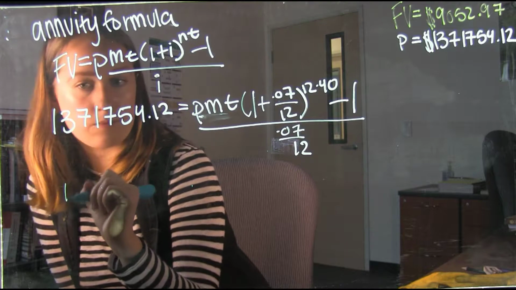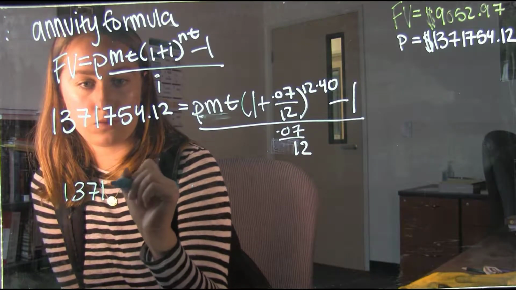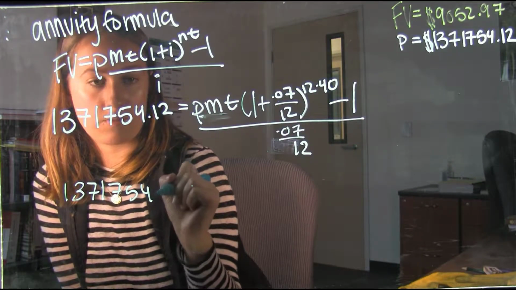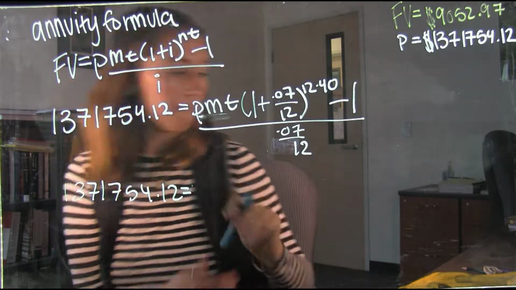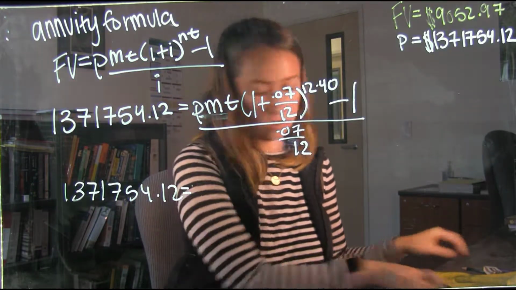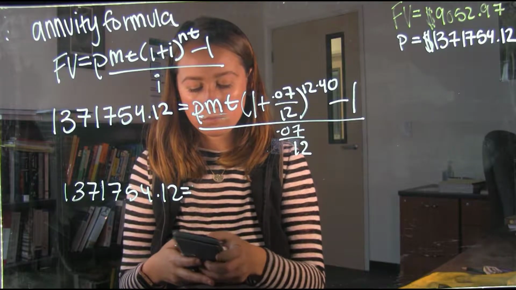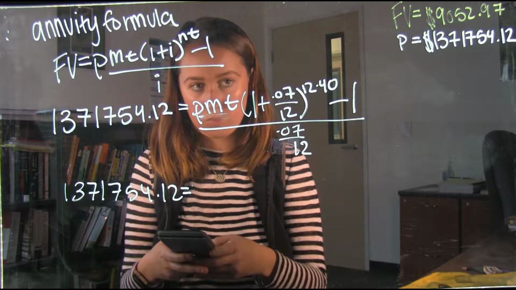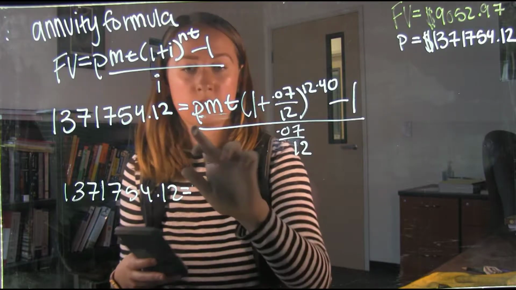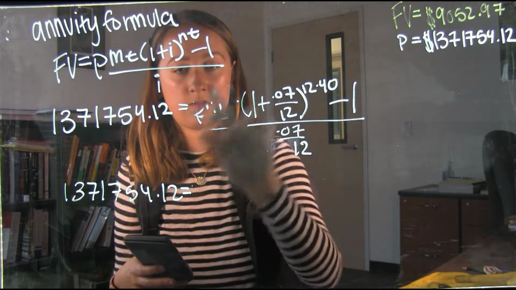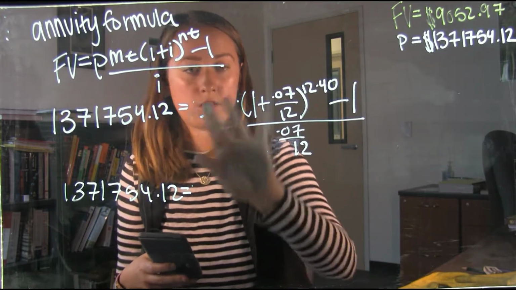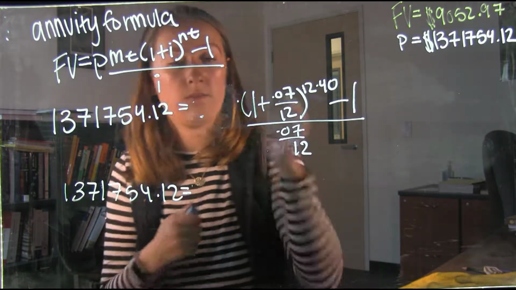So you're going to bring this down because we're going to use this to discover what our payment is going to be. So 1 plus... Also, sorry, this is not a part of the equation. This is its own thing.